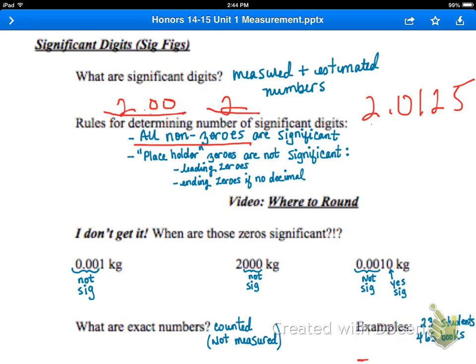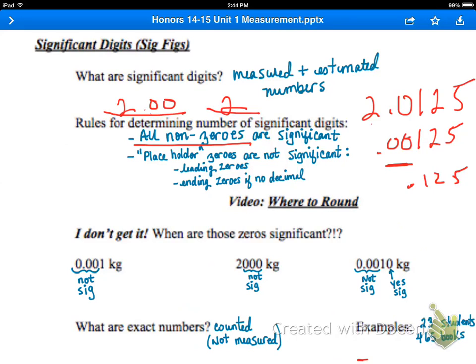Placeholder zeros are not significant. So if I have the number 0.00125, these two zeros are only there to hold place, to indicate the magnitude. I can't write this as 0.125. They are there as placeholders.